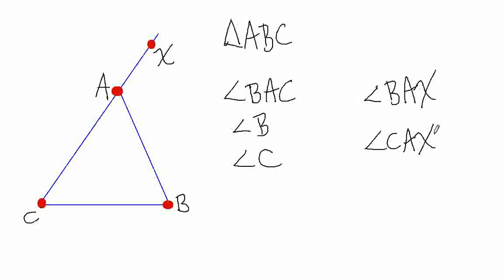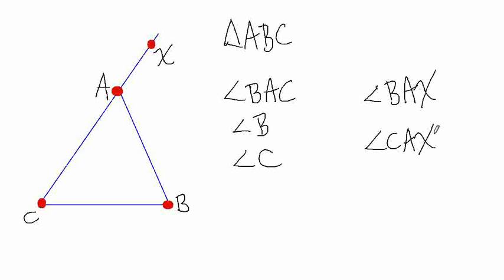Now, if you understood what I just said about interior and exterior angles, I'd like you to think about how you would prove the following. Can you prove that the exterior angle in this picture has a bigger measure than the non-adjacent interior angles of the triangle? So in other words, can you prove that angle BAX is bigger than angles B and C?